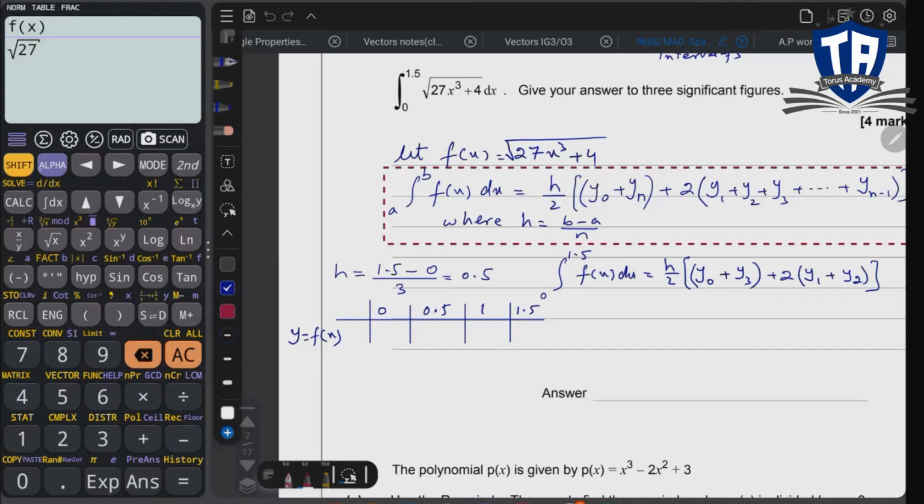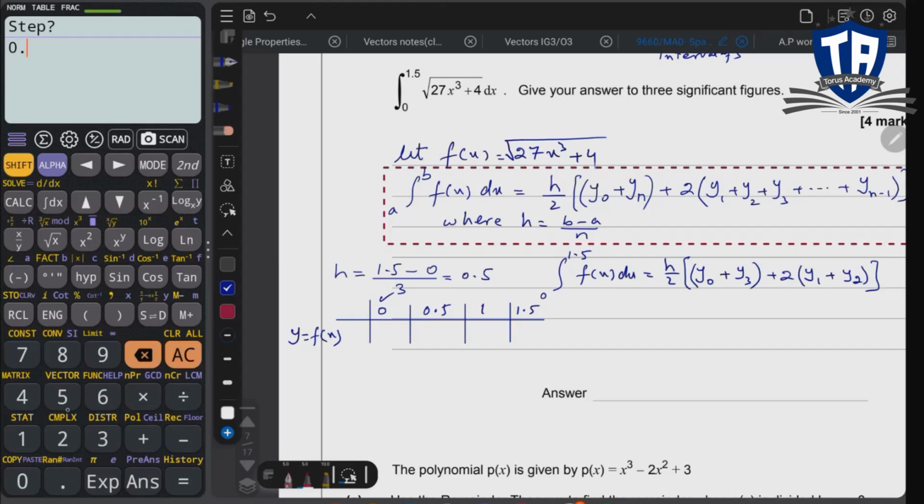Press this button and you would find a variable x here. You press x, and we need x cube and plus 4. This is the function. G of x will be taken as 0. We start our value with 0 because our lower limit is 0 and we end our value at 1.5 and we'll take the step of 0.5 and we'll get all these values.